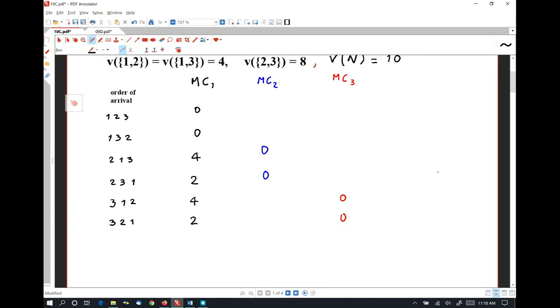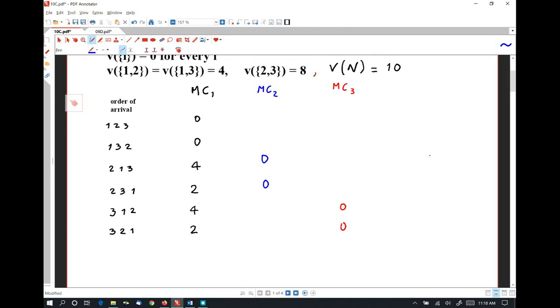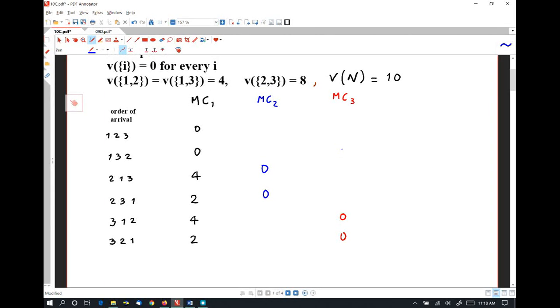Then we go to player 2. Marginal contribution of player 2. When player 2 arrives after player 1, then we go from 0 to 4, so the marginal contribution of player 2 is 4. If player 2 arrives last after 1 and 3, then we go from 4 to 10, so the marginal contribution of player 2 is 6.